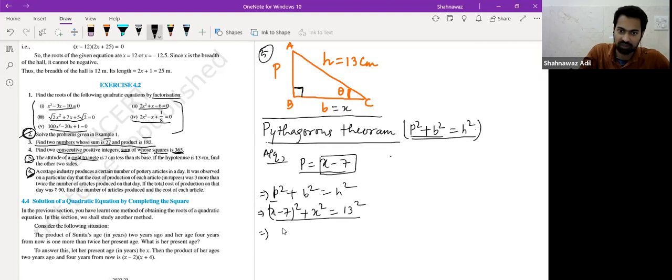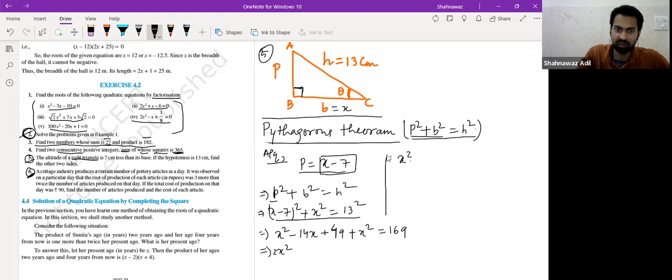So this is how much? Where did you get 14 from? You guys have forgotten the identity: a minus b whole square is a square minus 2ab plus b square.